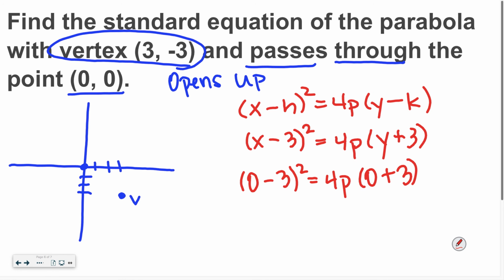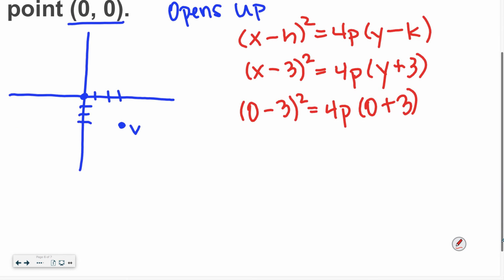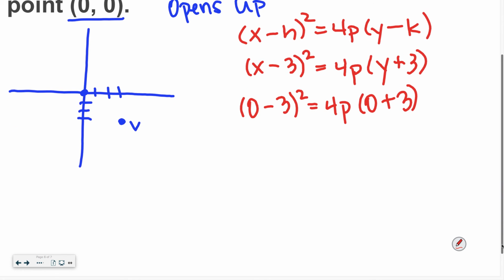All right? (0 minus 3) squared equals 4 times p times the quantity (0 plus 3). So p is 3/4.